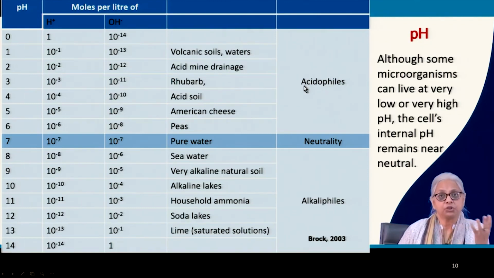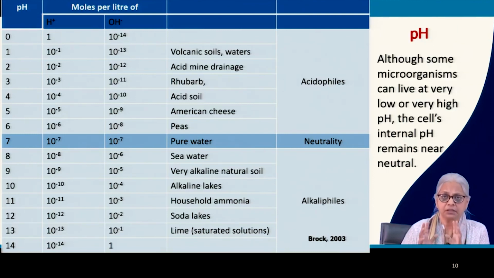Also keep in mind that generally we pickle food, and the reason is that the normal species around us cannot withstand the low, acidic pH of pickles, and that's why pickling helps to preserve food for a long period of time.